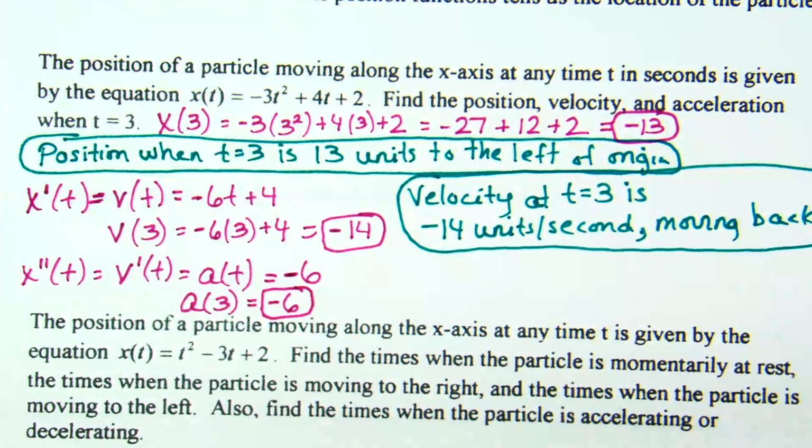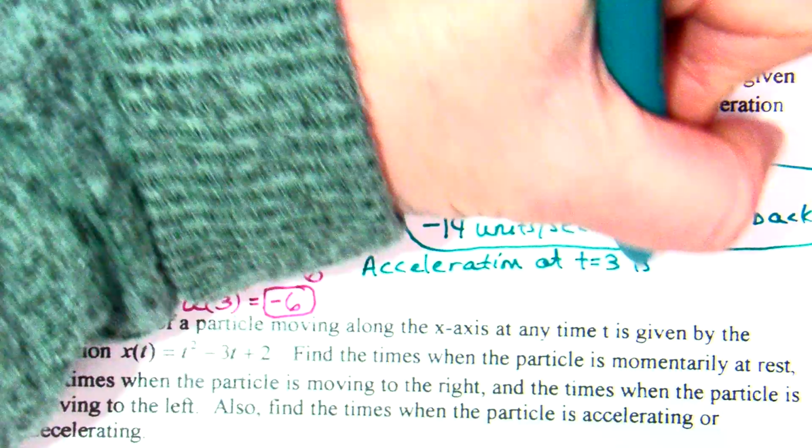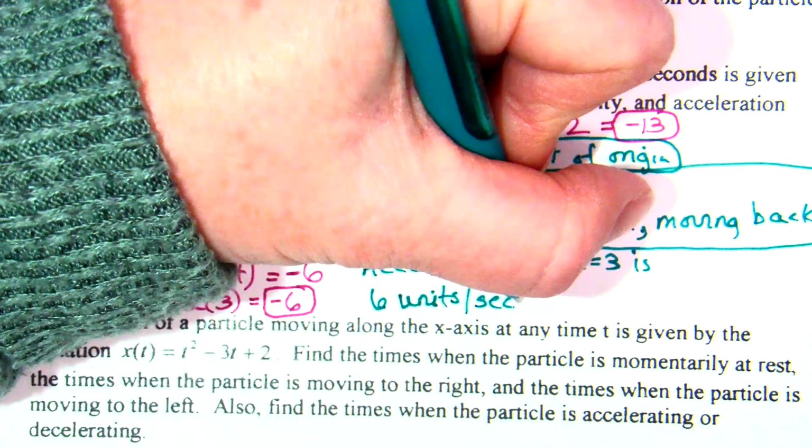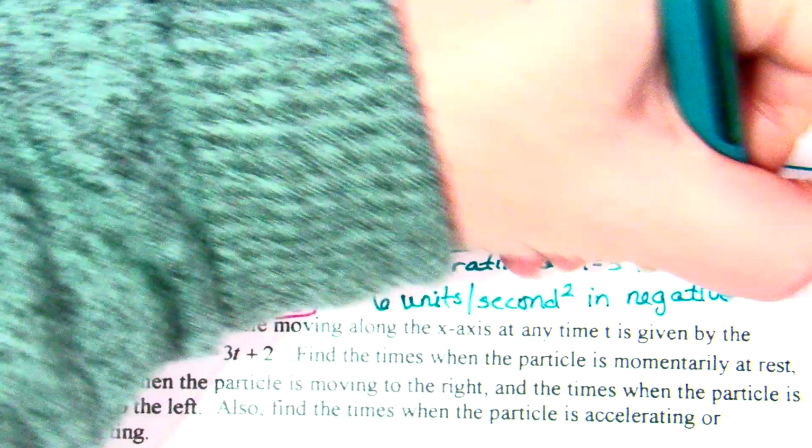So the acceleration at t equals 3 is negative 6 units per second squared, in the negative x direction.